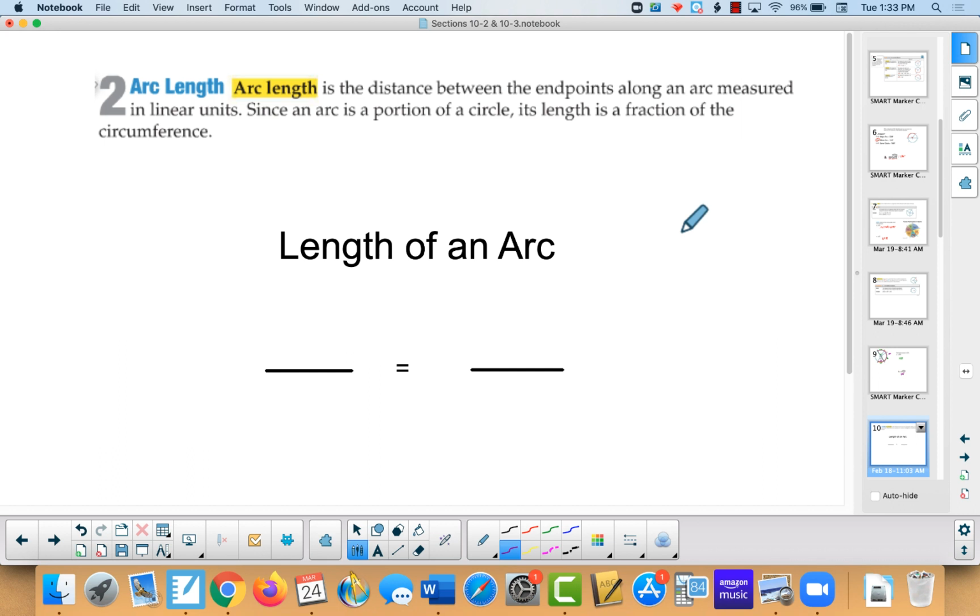Now, to find the length of an arc, we have to use a proportion. Our proportion is going to be made up of two kinds of ratios. We're going to have a ratio of degrees and a ratio of lengths. Also, with our degrees and lengths on the top, we're going to have that arc, or part of the circle.